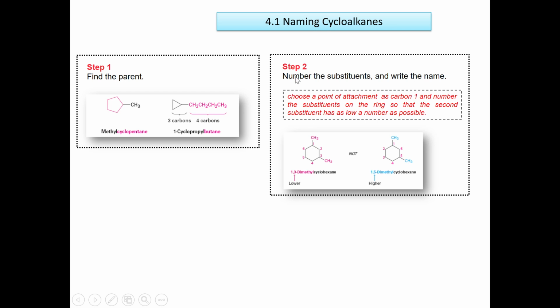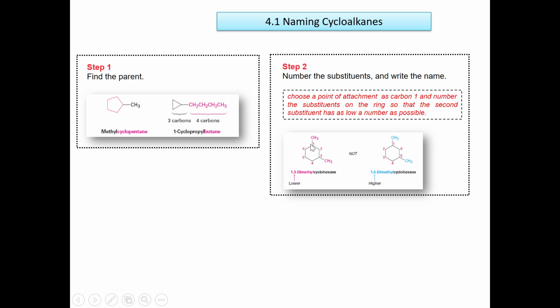Step 2. We number the substituents and write the name. We choose a point of attachment as carbon 1 and number the substituents on the ring so that the second substituent has the lowest number possible. Here we have an example. We have methyl in 1 and 3 positions.